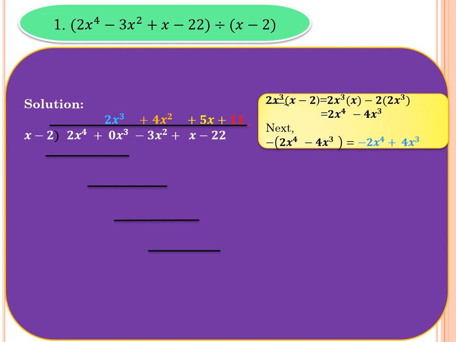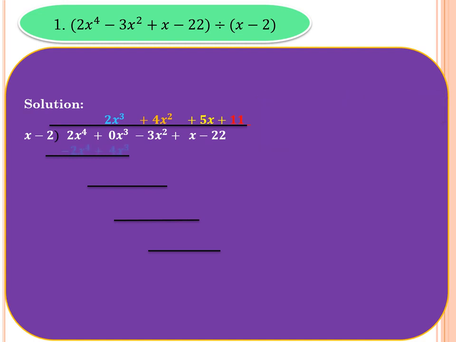So that's why from 2x to the power of 4, it becomes negative 2x to the power of 4. And from negative 4x to the power of 3, it becomes positive 4x to the power of 3. So that's why we have that one. Adding these two, we will get this one. And then, this would be our new dividend.